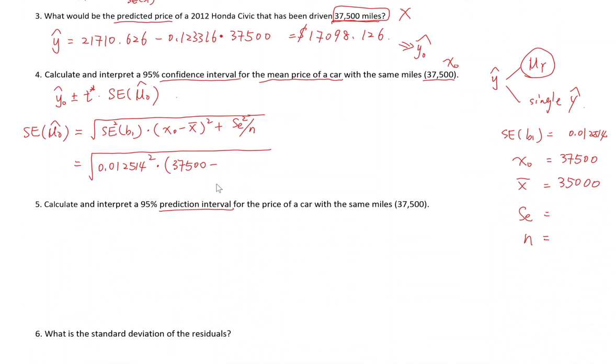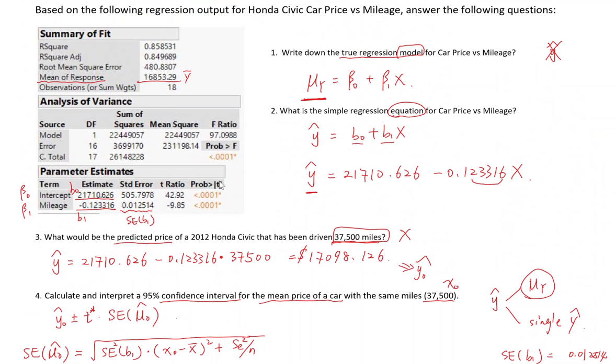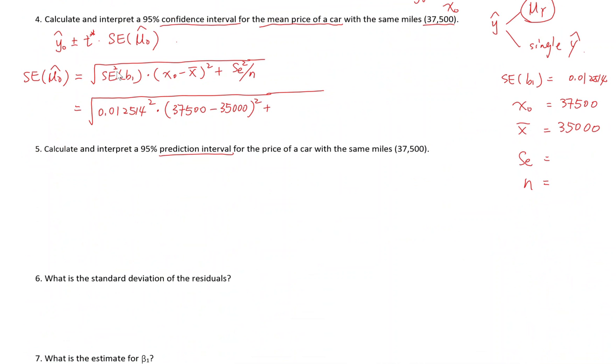Then we have minus 35000 squared and then plus SE squared. What is SE? SE is also called the root mean square error, right? So this is your SE, which is 480.8307.